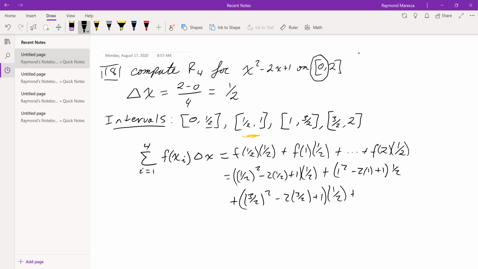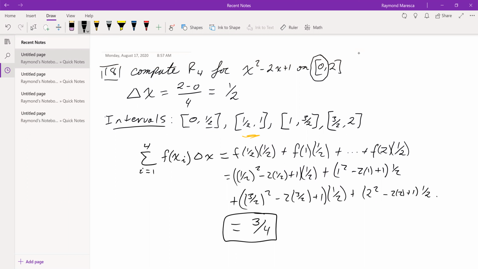And finally, 2 squared minus 2 times 2 plus 1 times 1/2. And after doing some simplification, this works out to 3 over 4.